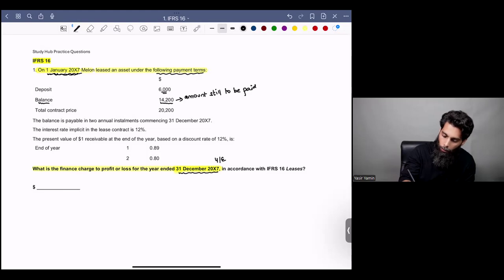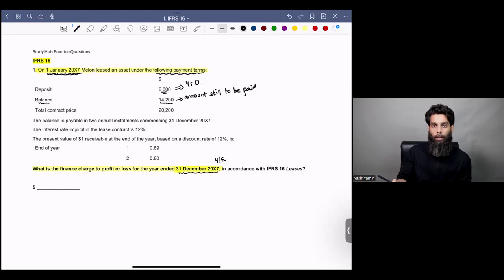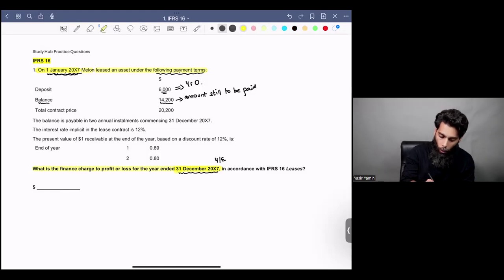So deposit would have been paid at time 0, year 0, T naught. And then there is $14,200 of amount which you still have to pay on the lease. And therefore, the total price on which we took the asset is 20,200. Make sense? So the total value of the lease would have been 20,200. The balance on the liability is 14,200. And initially you have made a payment of $6,000.